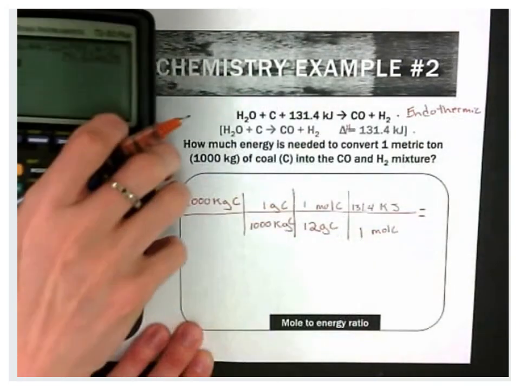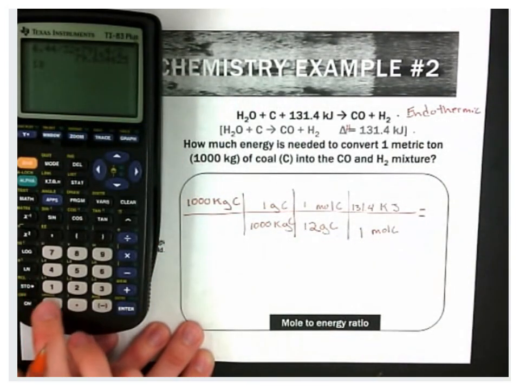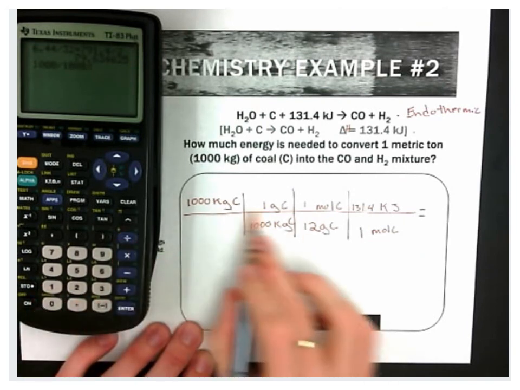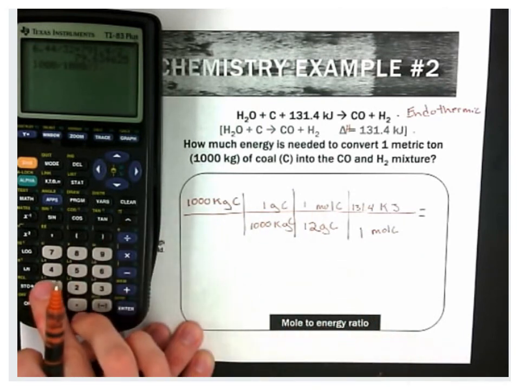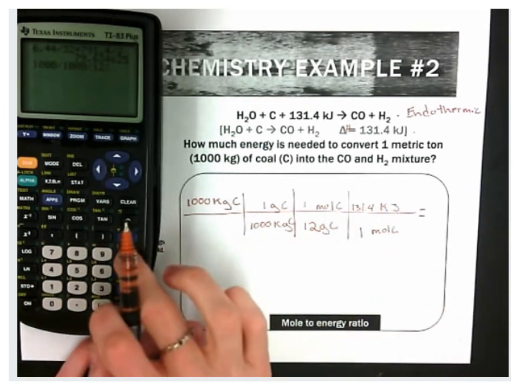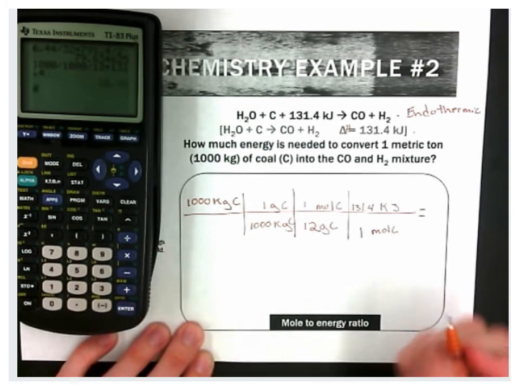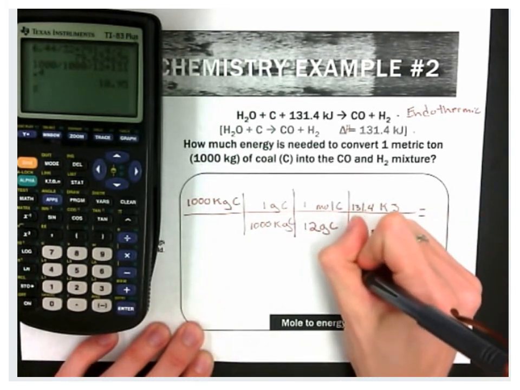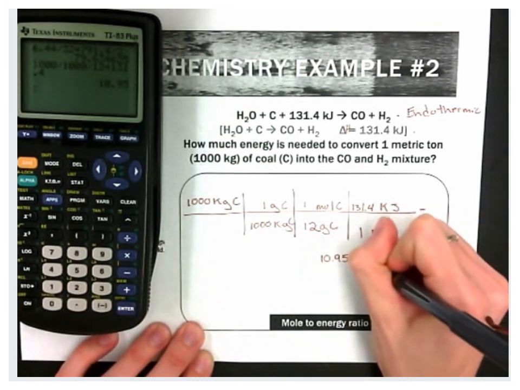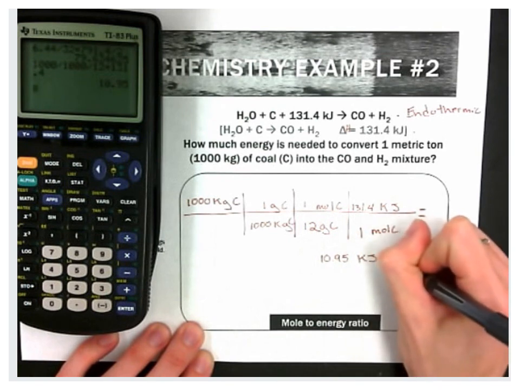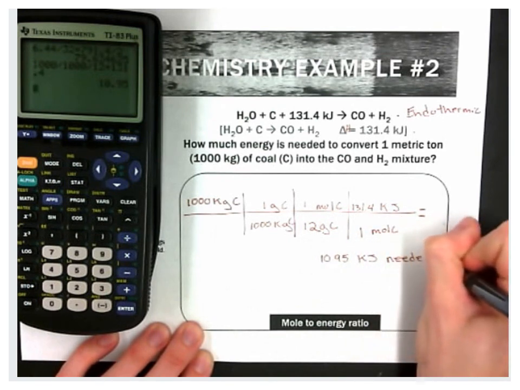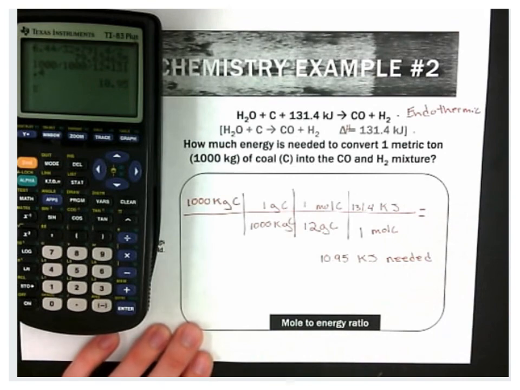So I plug it into my calculator. 1,000 divided by 1,000 divided by 12 times 131.4. So 10.95 kilojoules of energy are needed for this reaction to occur.